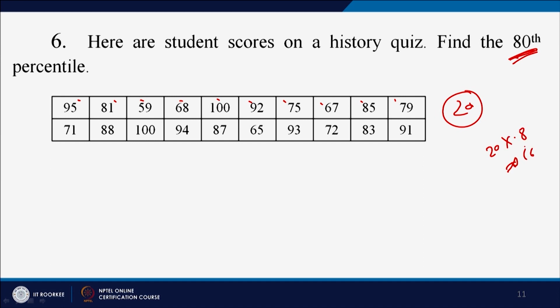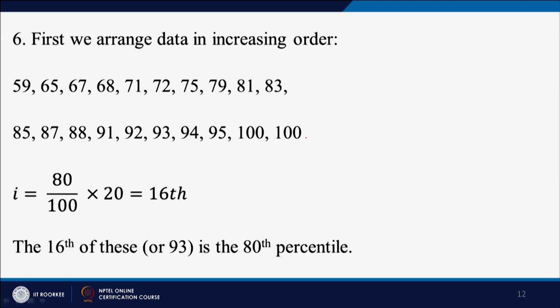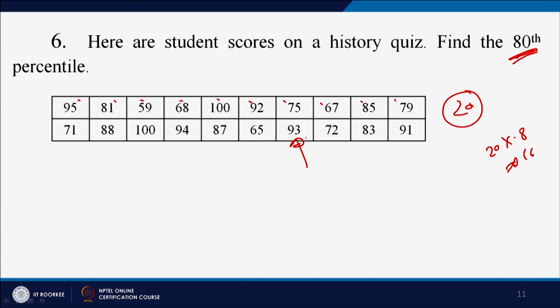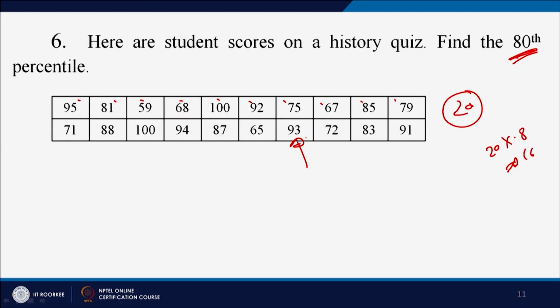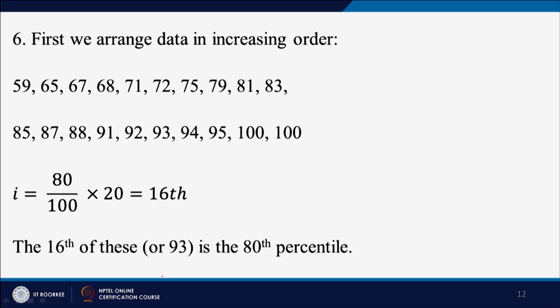So, the 16th value would be the answer, the 16th data point would be the answer, right. So, that would be 93. Yeah. In fact, what you should do is you should arrange the data first of all, right. In fact, in this case this 16th position is 93, that is why we are getting this answer. So, 93 is the answer to this question, right.